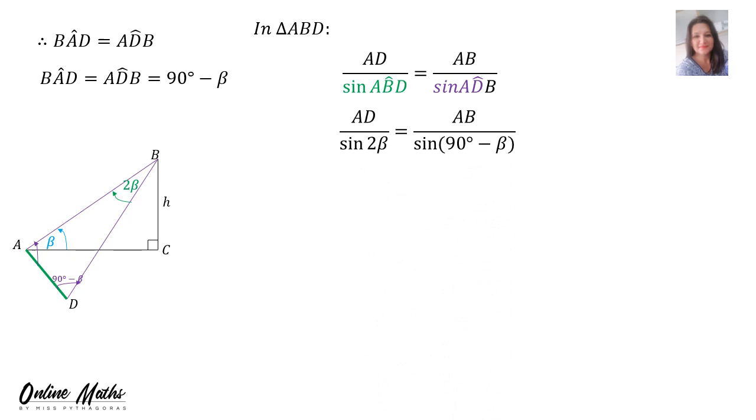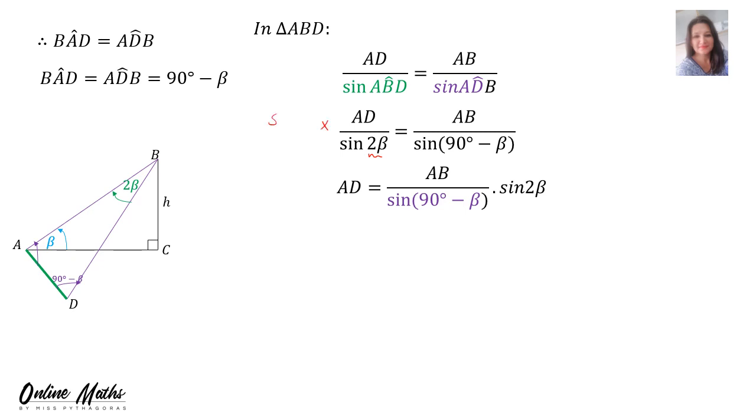And we can substitute in angle ABD's place 2 beta equals AB over sin, and then remember we worked out angle ADB is equal to 90 degrees minus beta.